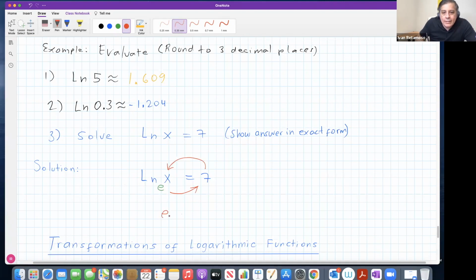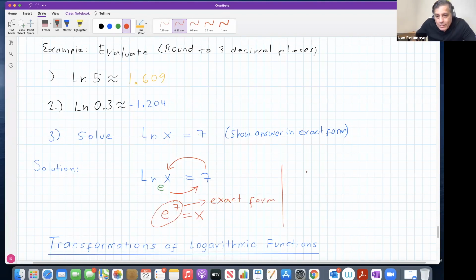So you do e raised to 7 equal to x. But then that's the answer, right? You were supposed to solve for x, e to the 7. When your answer is written in this form, this is called exact form. And often they use this exact form, right?